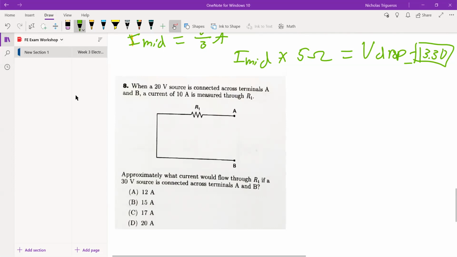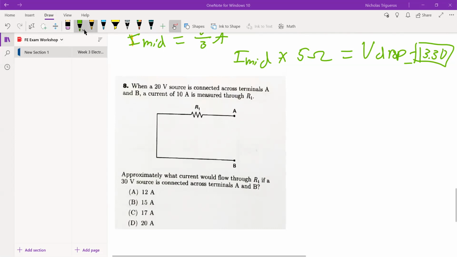All right, now we have a 20-volt source connected across terminals A and B with a current of 10 amps as measured through R. What would the flow be through R1 if a 30-volt source is connected to these terminals here?